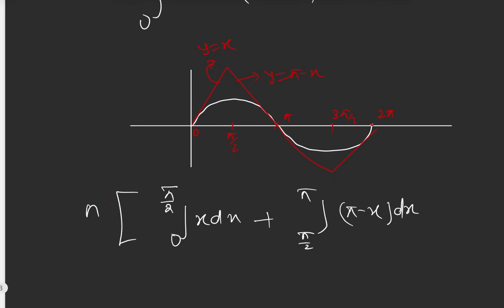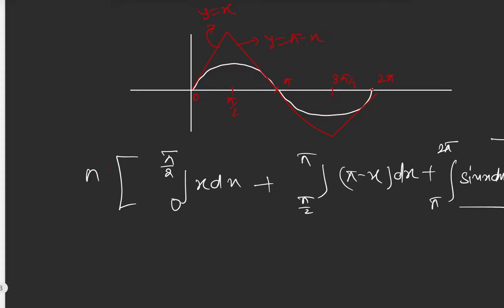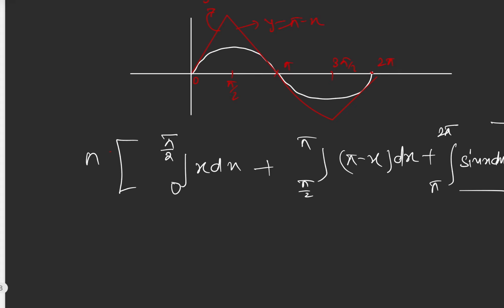Okay, and from pi to 2 pi, my integration is actually sin x dx. Okay, that's it, and I got my answer. These functions' answers are very easy: x dx answer is x square by 2, pi x minus x square by 2, and sin x integration is minus cos x. That's it. If you keep the limits and multiply in the last with the n, you will get your answer.